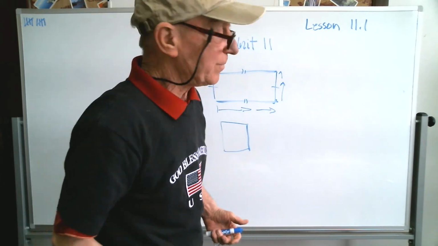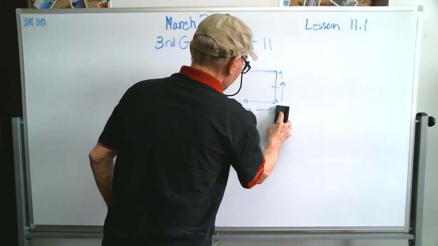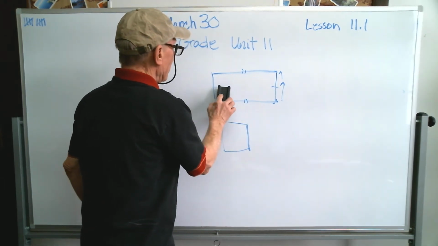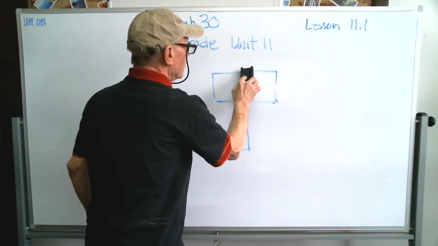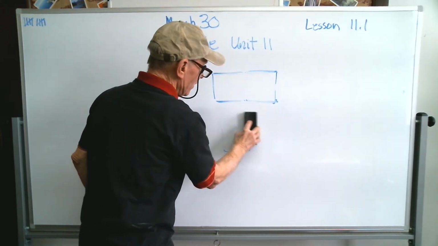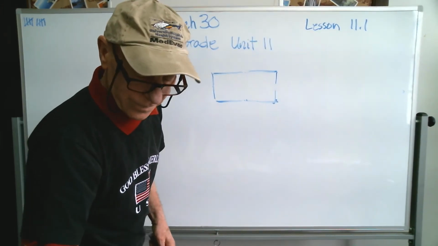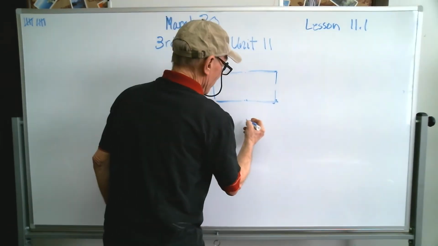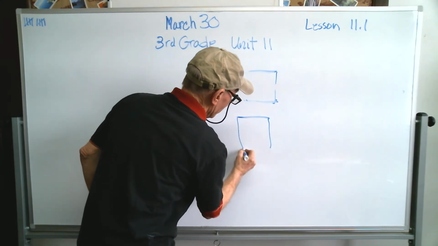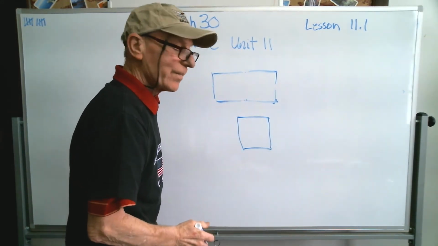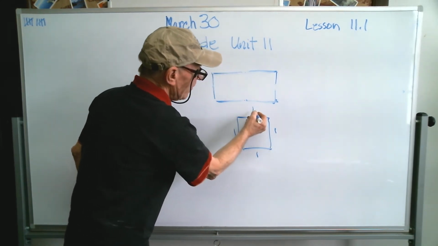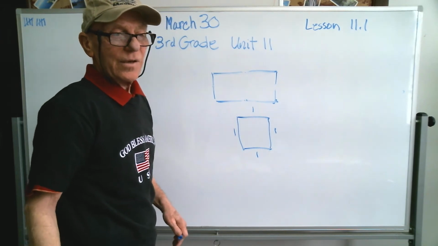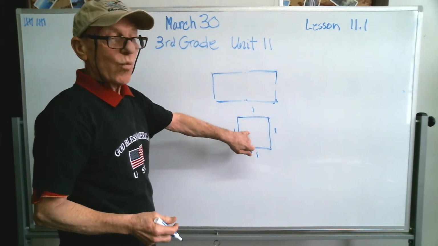Square unit. Now, a square unit, remember we talked about in area, a square unit is a unit of measure, and that unit of measure is square, that means it's the same on all sides, and it's typically 1. This would be 1 square unit.